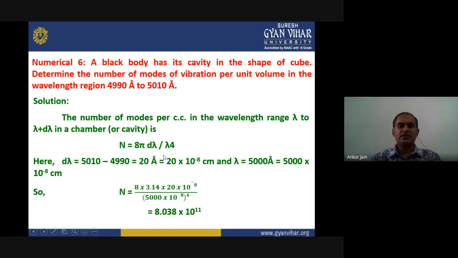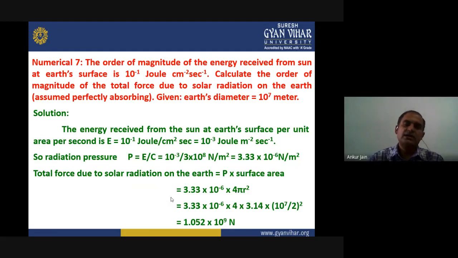So putting all these values, n equals 8 × 3.14 × 20 × 10^-8 divided by (5000 × 10^-8)^4, and the answer will become 8.038 × 10^11. So that is the number of modes of vibration per unit volume in the wavelength region of 4990 to 5010 angstrom.